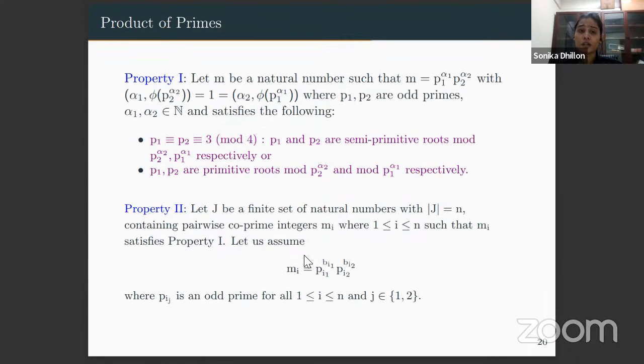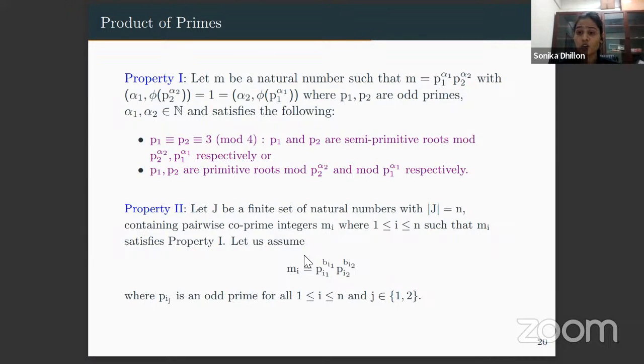Now for the case of a product of primes. As soon as we go for a product of primes, say a product of 3 primes or 4 primes, then the cyclotomic units are no longer multiplicatively independent. And that is where Ramachandra units come into the picture, because these cyclotomic units are not multiplicatively independent.